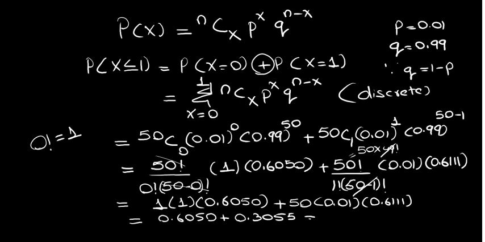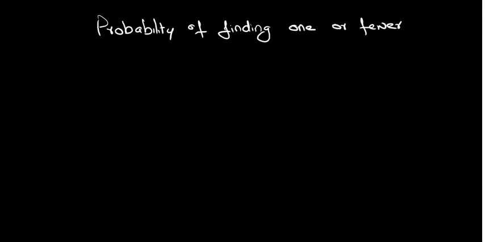So this gives you 0.3055 plus 0.6050, which gives you 0.9105 or 0.9106. That is what you will get, and this is the probability of finding one or fewer non-conforming parts.